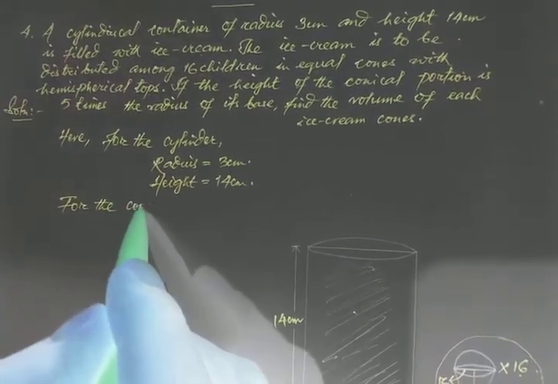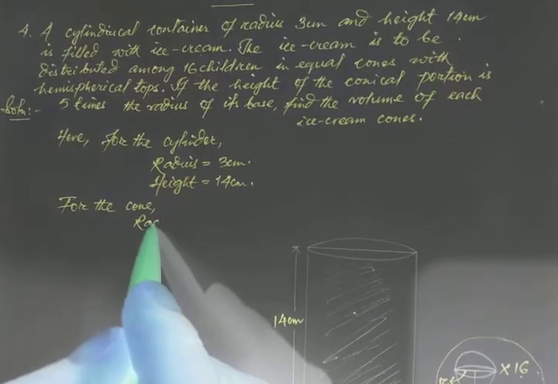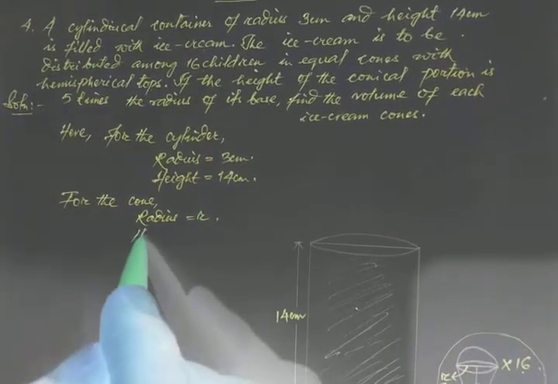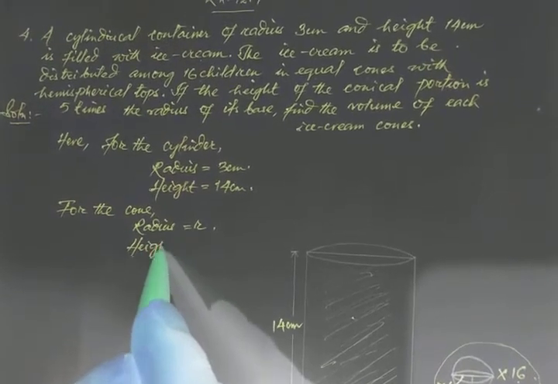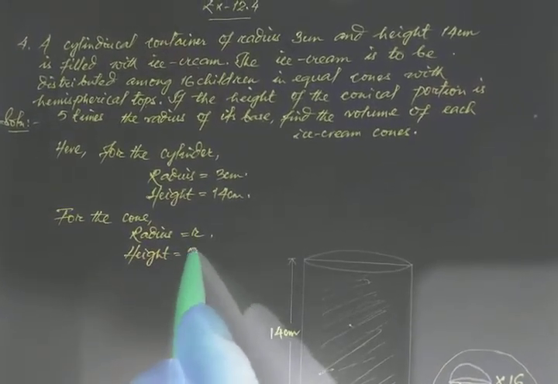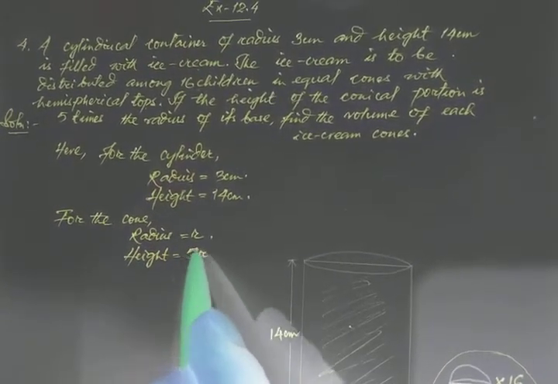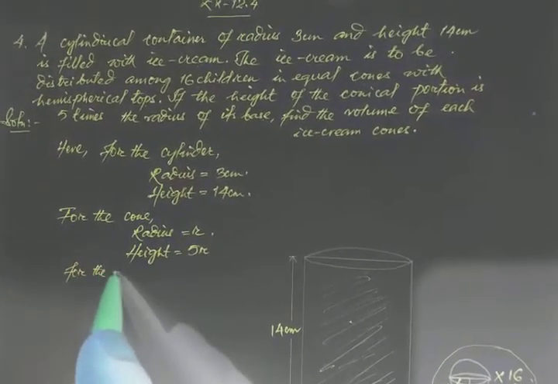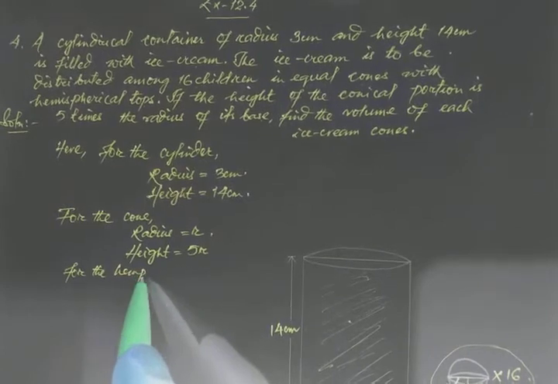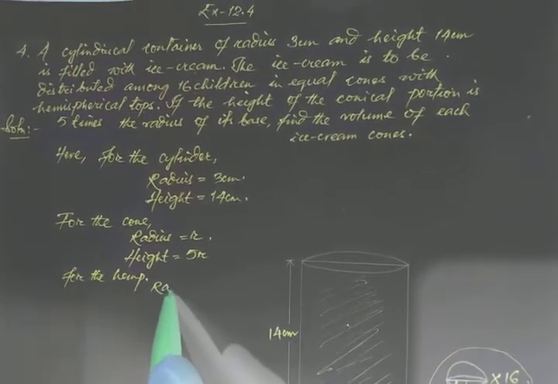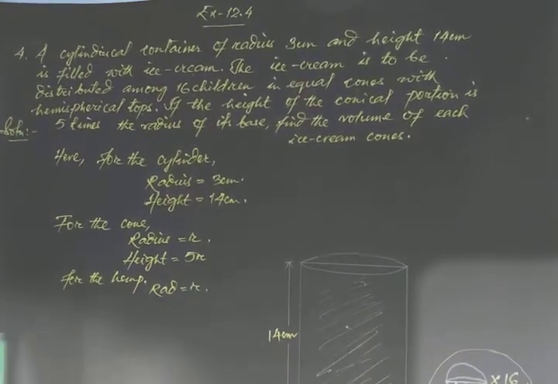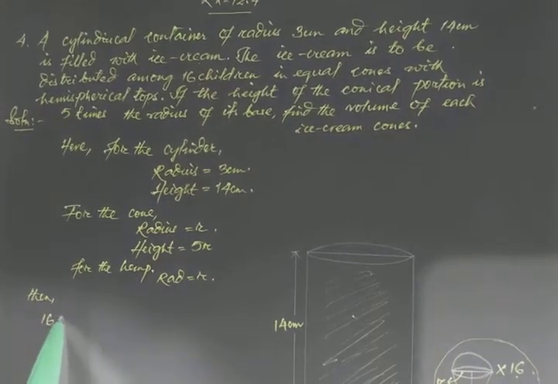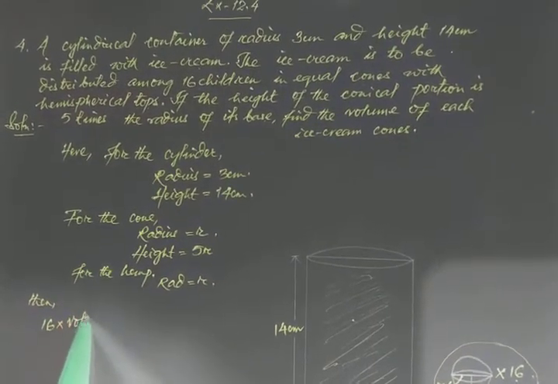For the cone, let's say radius is r, that means height will be 5 times of the radius. Here when we say radius, it means radius of the base. And for the hemisphere, it will be radius once again r.